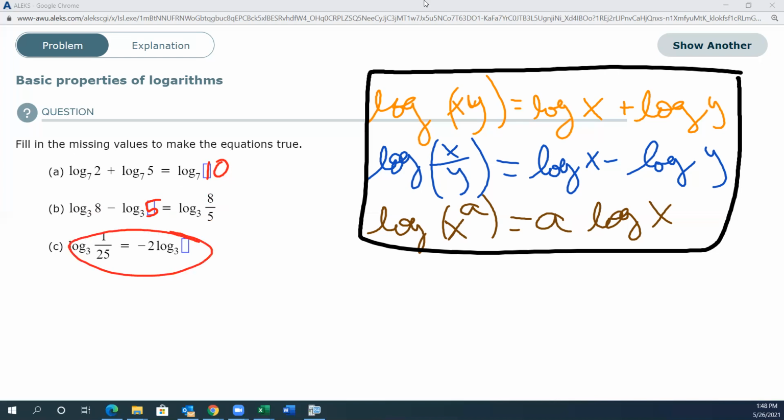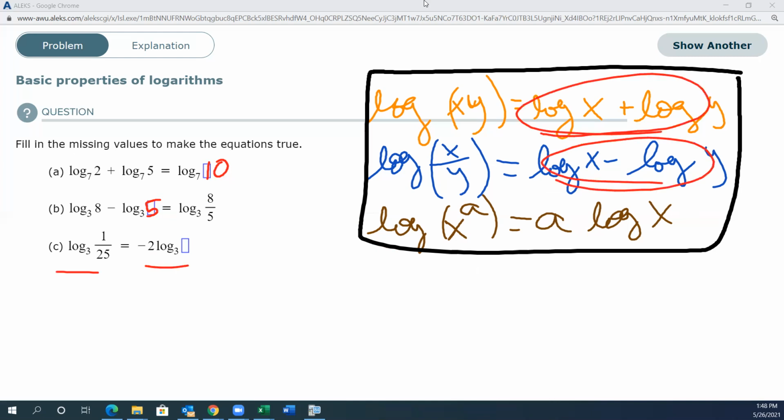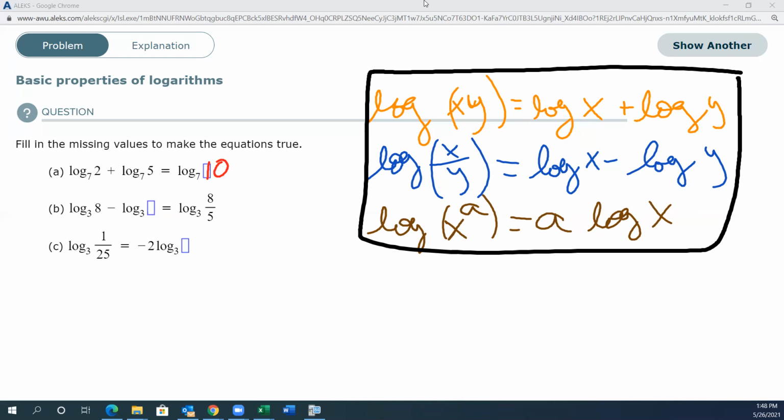Now this last one, we've got a number out front. And one thing that tips us off that we're doing the exponent rule is that neither side of the equation has a pair of logs. In order to use the plus rule or the minus rule, you have to have a pair of logs on one of the sides. Okay, so this one's a little trickier. Well, 1 over 25 can be written as 1 over 5 squared, which is 5 to the negative 2.